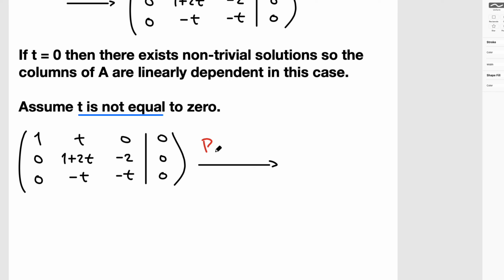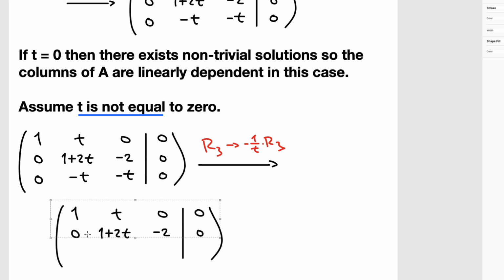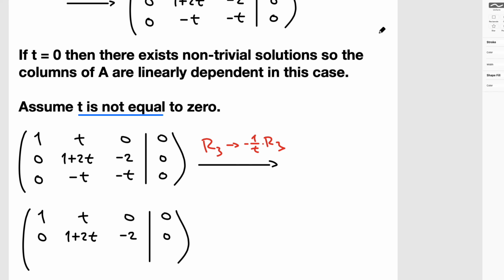So let's do R3 becomes negative 1 over 2 times R3. I'm getting rid of these t's over here. So I haven't changed the first two rows. So that gives us a 0, a 1, and a 1, and a 0.